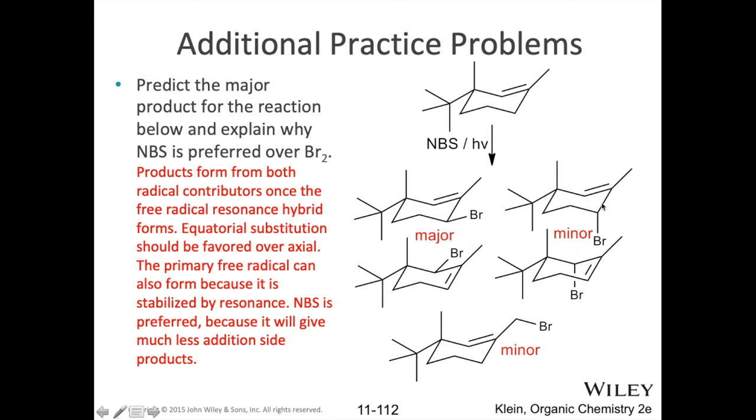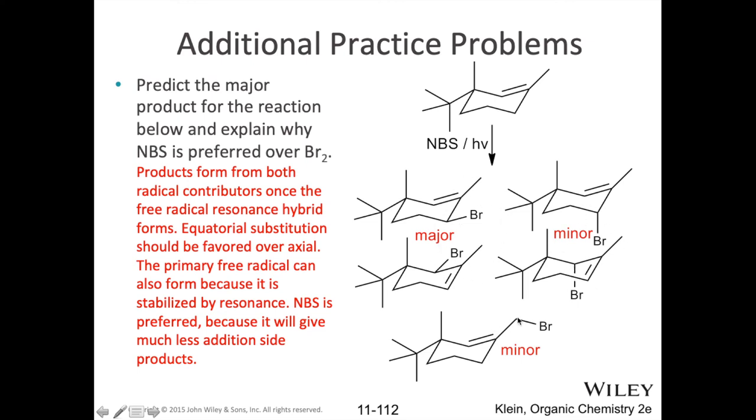The same products can form as well, again because your bromine can attack either side of that radical. So you can have this bromine come in equatorially or axially. And of course, you'd prefer that large bulky bromine to be equatorial, right? So that's why this is considered the major product, and this is a minor product.